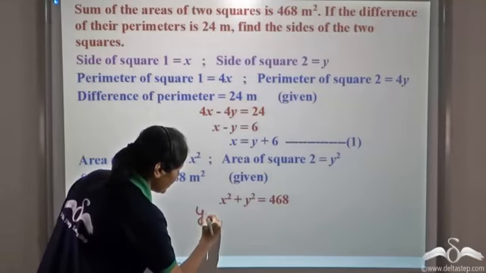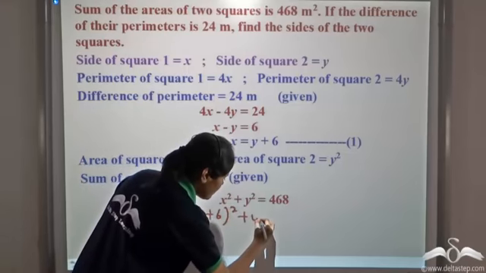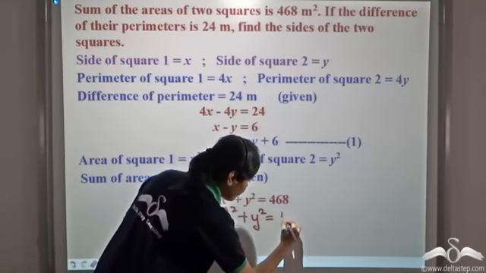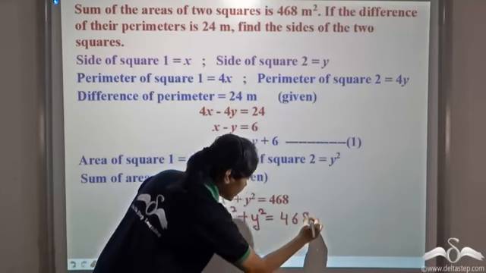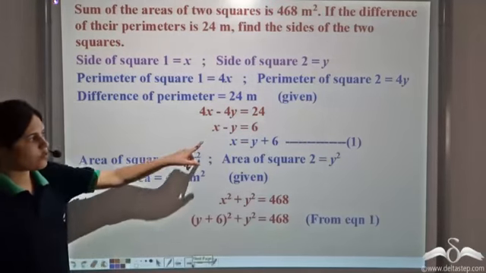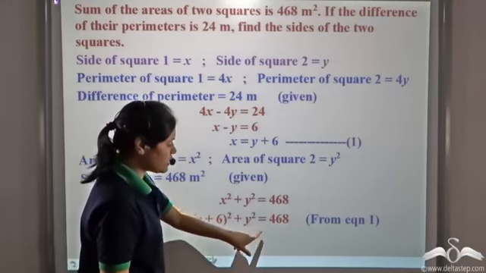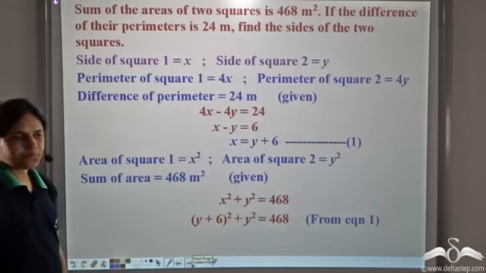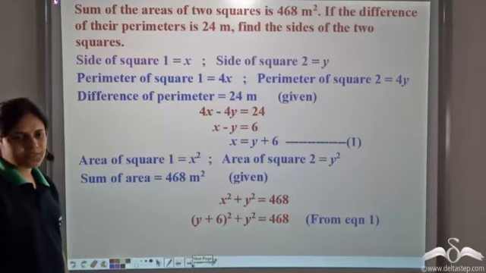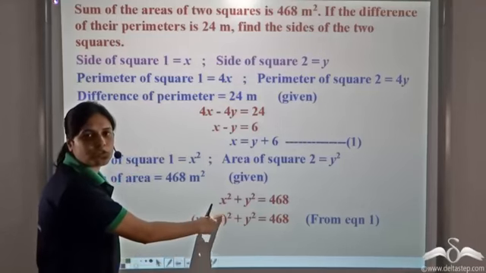We get (y plus 6) whole square plus y square equal to 468. This is what we have. Now let us simplify this. The left hand side, (y plus 6) whole square.